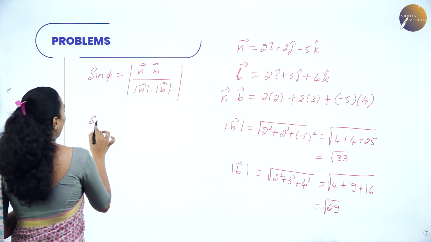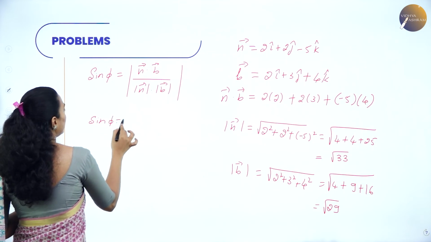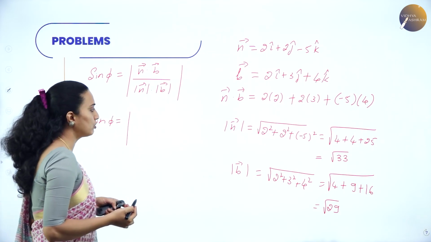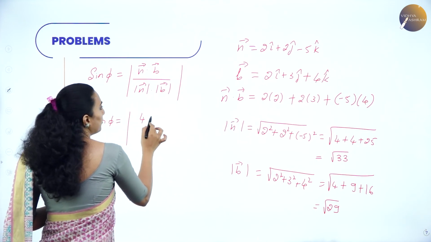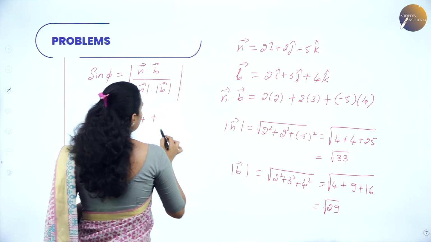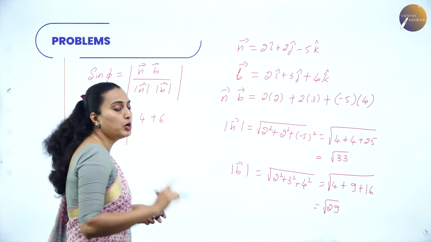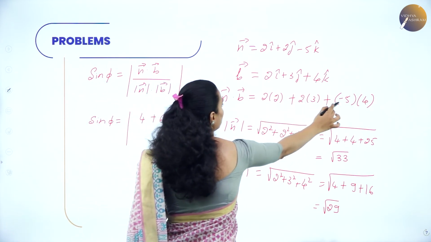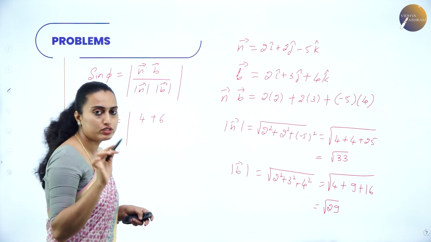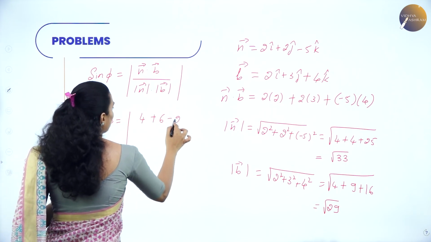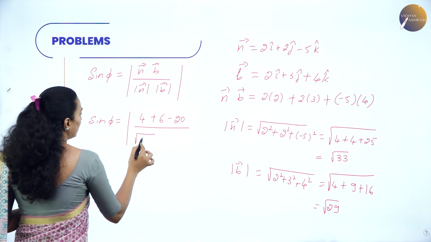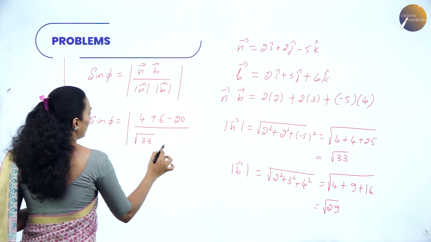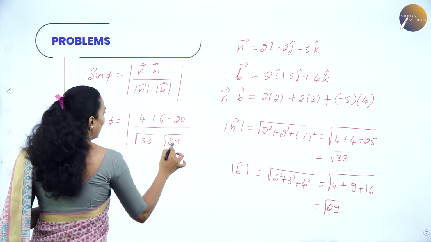So sin phi equals the modulus of 2 into 2, which is 4, plus 2 threes, which is 6, again plus into minus is minus, 5 fours are 20, so minus 20, divided by root 33 into root 29.